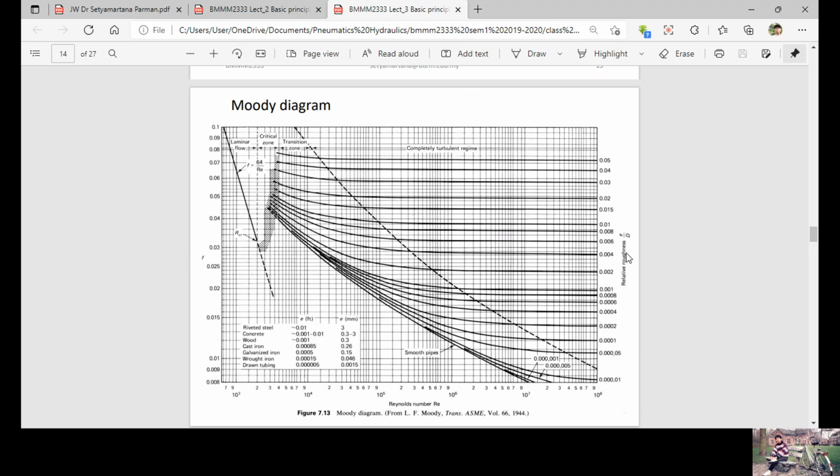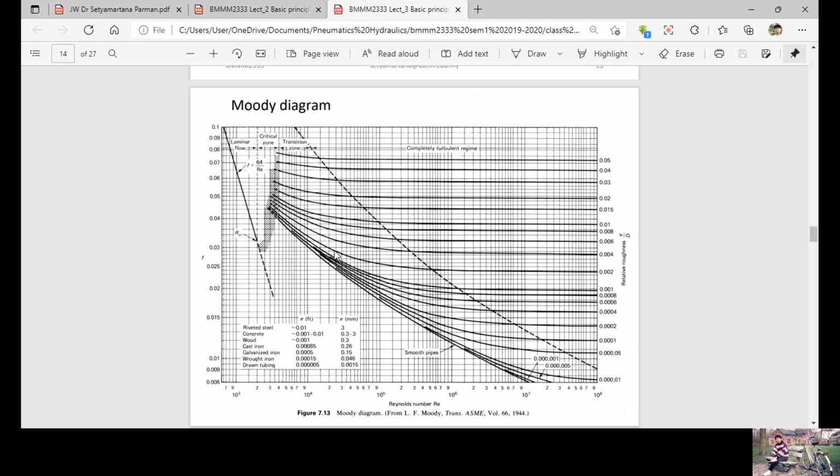For example, the relative roughness is 0.02. And then we have the line. That is the friction factor F for a relative roughness of 0.02.